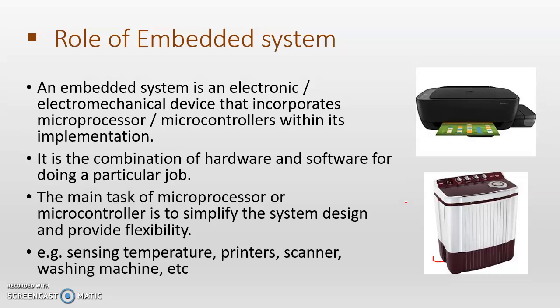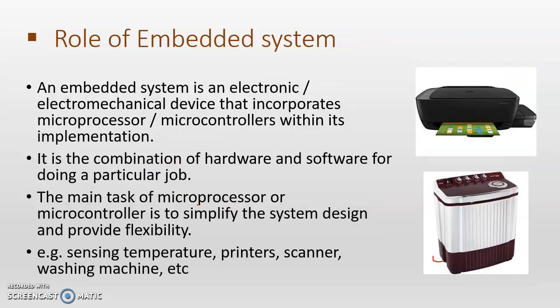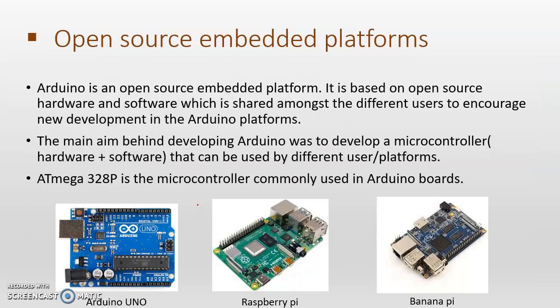So this is the use of a microcontroller, and the system is called an embedded system, which is used to do one particular task. The examples we have given here are all embedded systems. They perform only one task and use a microcontroller for implementation. So this is called the role of embedded system.